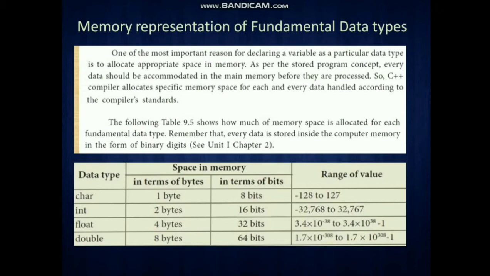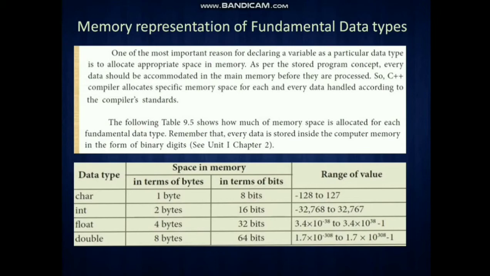One of the most important reasons for declaring a variable is to allocate memory space in the computer. Every piece of data should be held in main memory before it is processed, so the variable allocates the memory first.